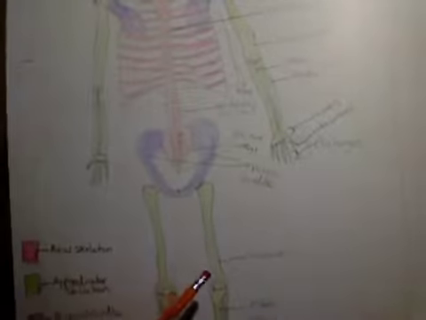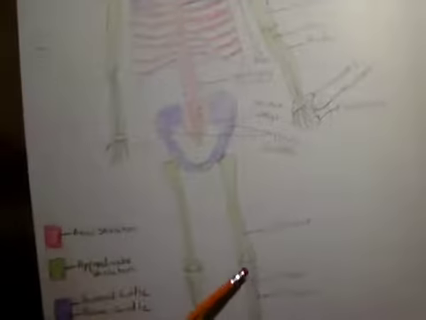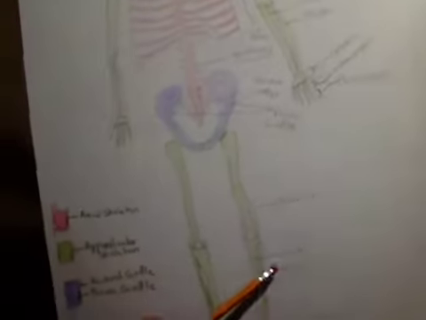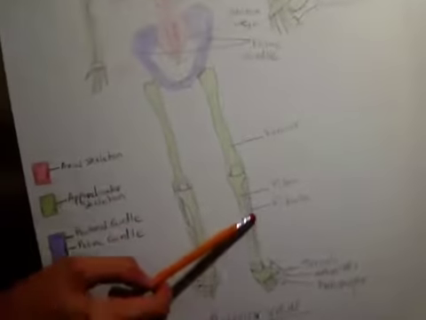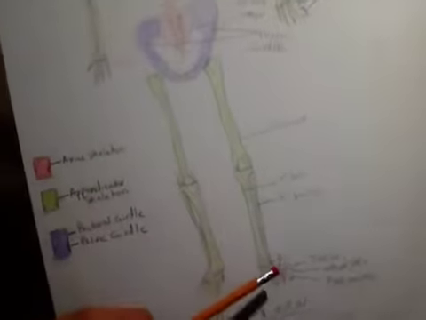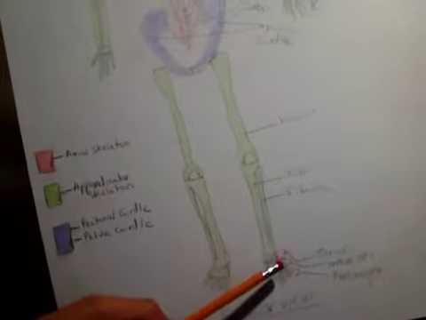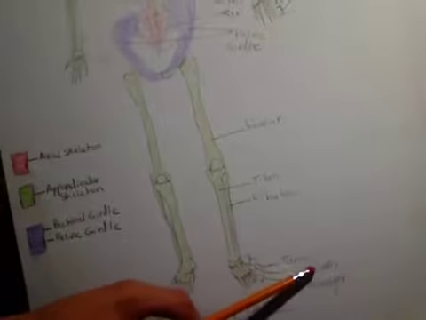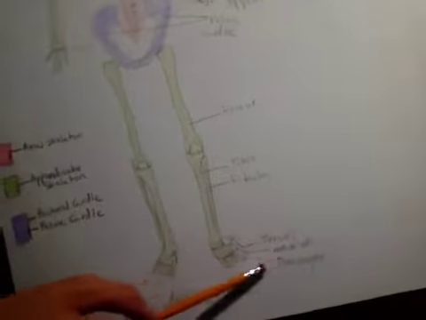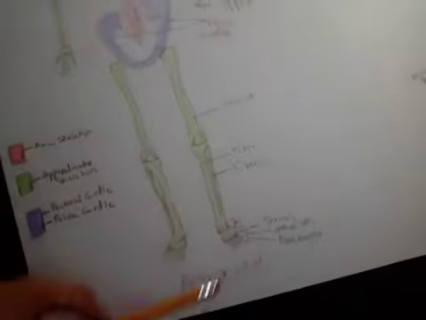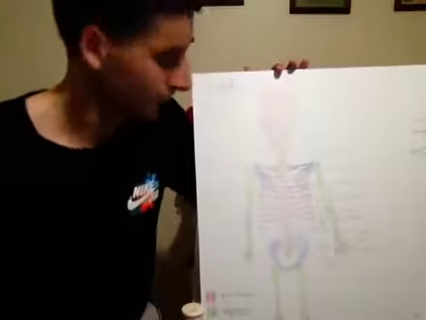And then we got the femur, the tibia, the fibula right here, tarsals, metatarsals, and phalanges right over here. So, there we go. Those are the basics.